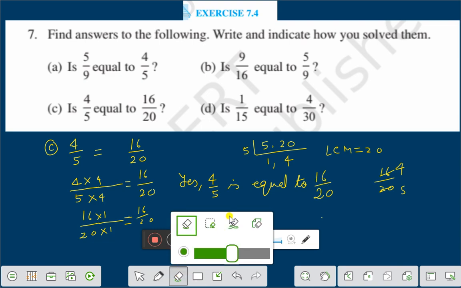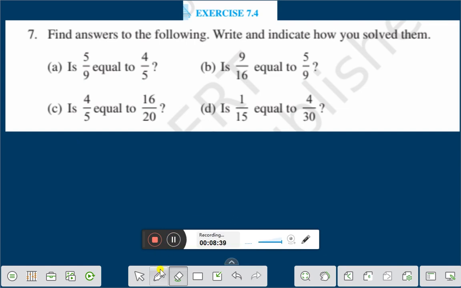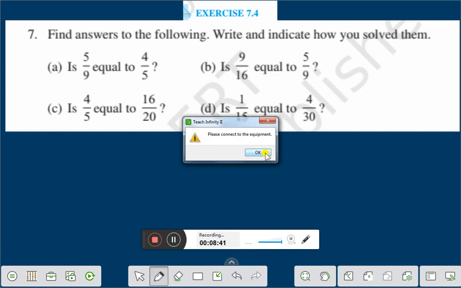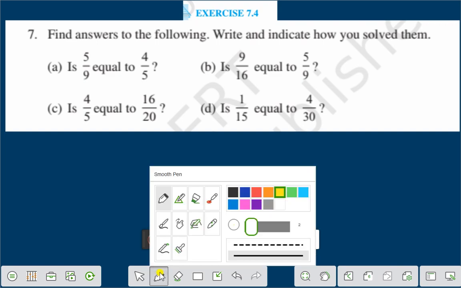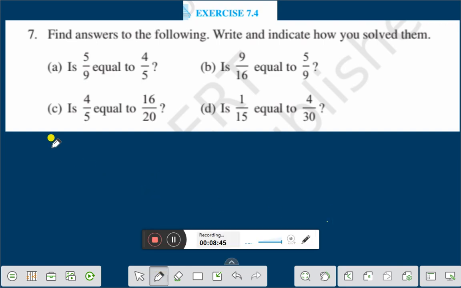What is question number D? Question number D is 1 by 15 equal to 4 by 30. Either you have to make the denominator the same or you can change into the simplest form.